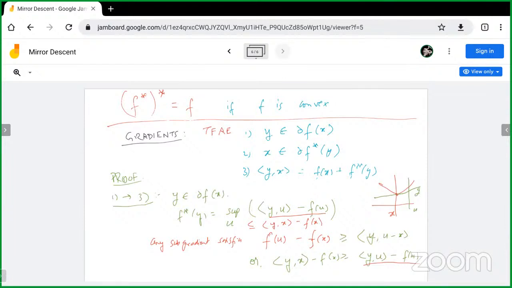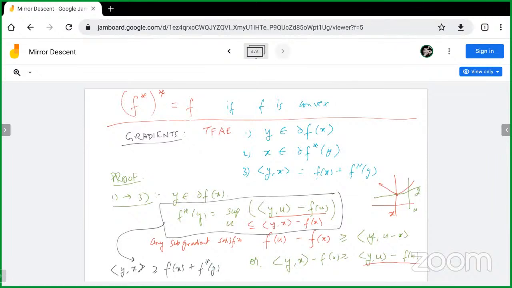Now if you just manipulate this, then you get that the inner product of y and x is at least f of x plus f star of y.